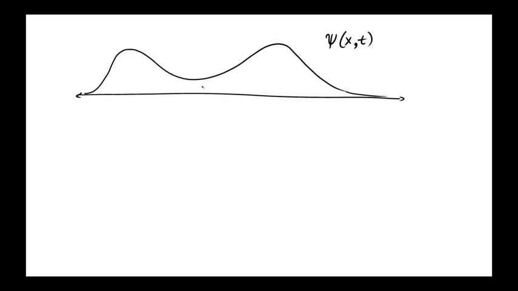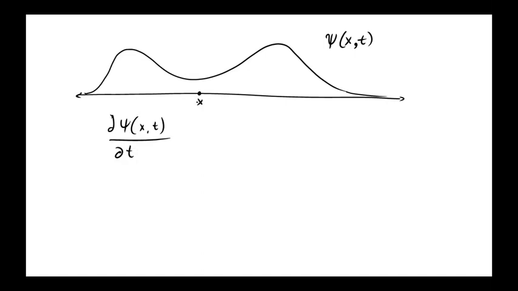Now what do we want to say? Well, we want to say that the change in the state, if you want to write d psi of x,t by dt, is described by the following kind of differential equation. The rate of change in the state at the point x.